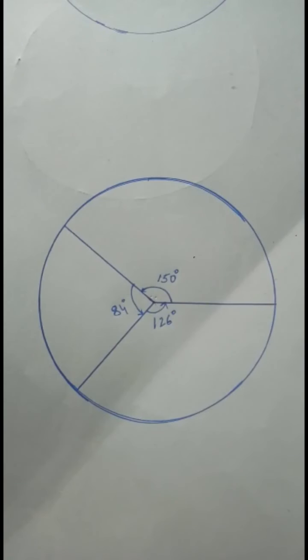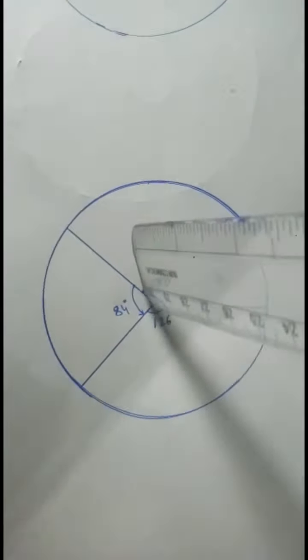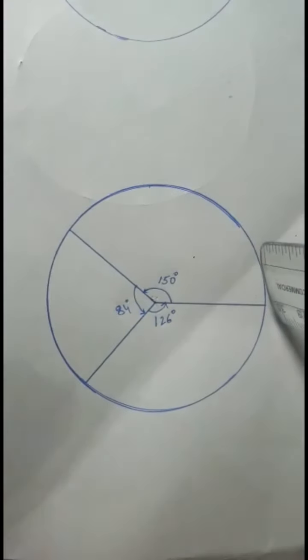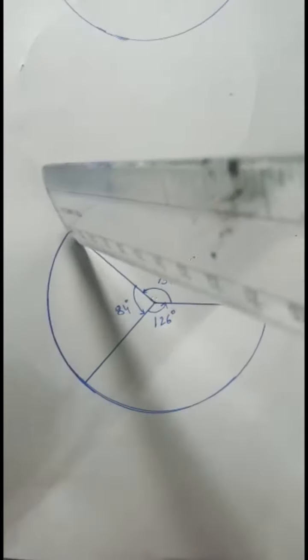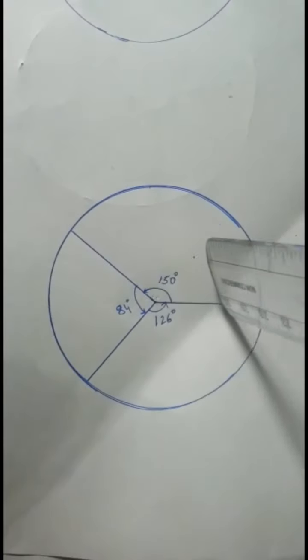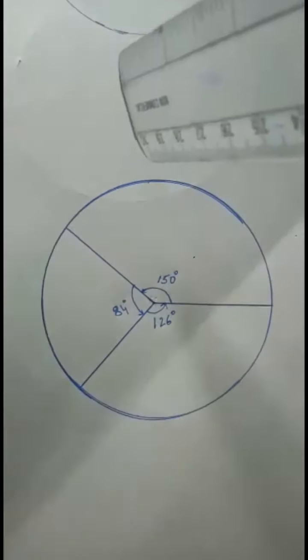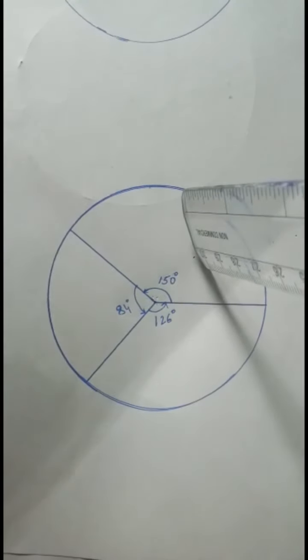Now we have calculated the angles. How do we present that information in the form of a circle or pie chart? First of all, you have to draw a simple circle, then take the radius of the circle. Then keep your protractor here and measure the first angle, that is 150 degrees.